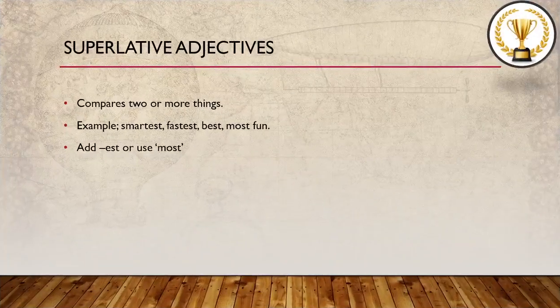Let's see the next one, that is the superlative adjectives. So here in superlative adjectives, it compares two or more things, either two or more than two. So in here, examples are smartest, fastest, best, most fun. So for example, you will take the same example we used. There are 3 dogs. First dog, second dog and third dog. You can say first dog is, yes, he is fast.